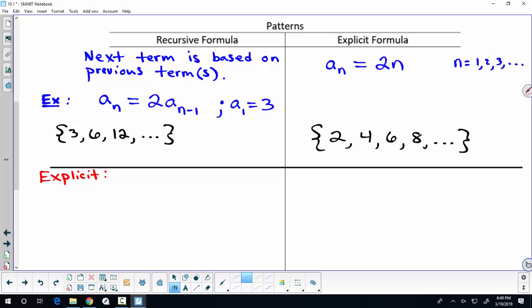Okay, so for an explicit formula for this one, we could say, for instance, a sub n equals 3 times 2 to the power of n minus 1.